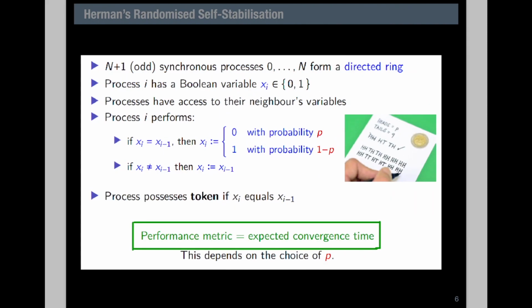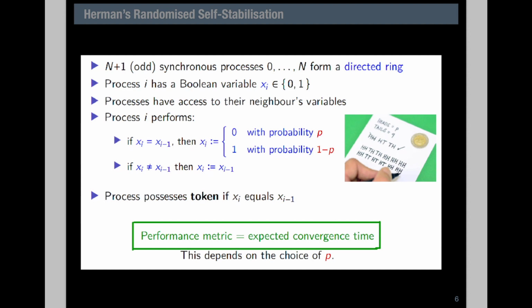So just to give an impression about this algorithm, we have a ring, and suppose we have an odd number of processes from 0 to n. Every process has a Boolean variable, and the only access you have is the access to your neighbor. It's a unidirectional ring, so you only have access, for instance, to the values of your left neighbor. And now what happens is the following.